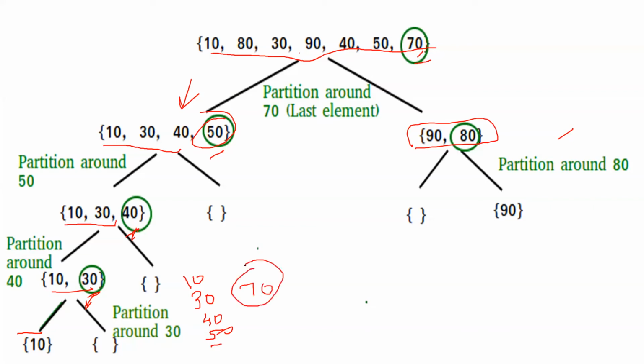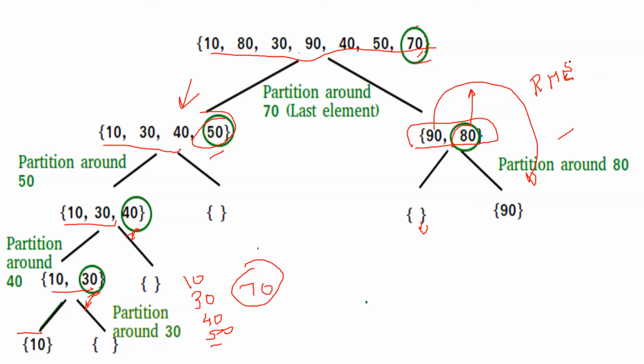Coming to the right-hand side, the last element is 80, so we partition around 80. Since 90 is greater than 80, 90 comes to the right-hand side. As we already know, elements smaller than the pivot go to the left-hand side and elements greater than the pivot go to the right-hand side. Here the pivot is 80 and 90 is greater, so it goes to the right.